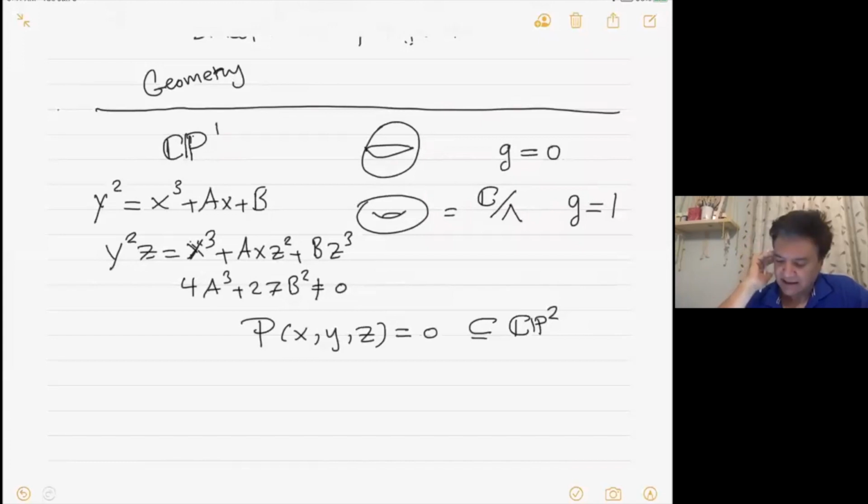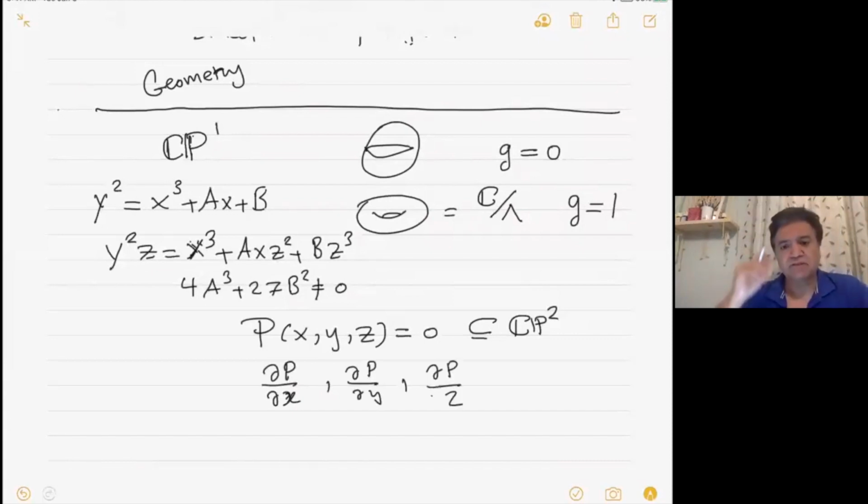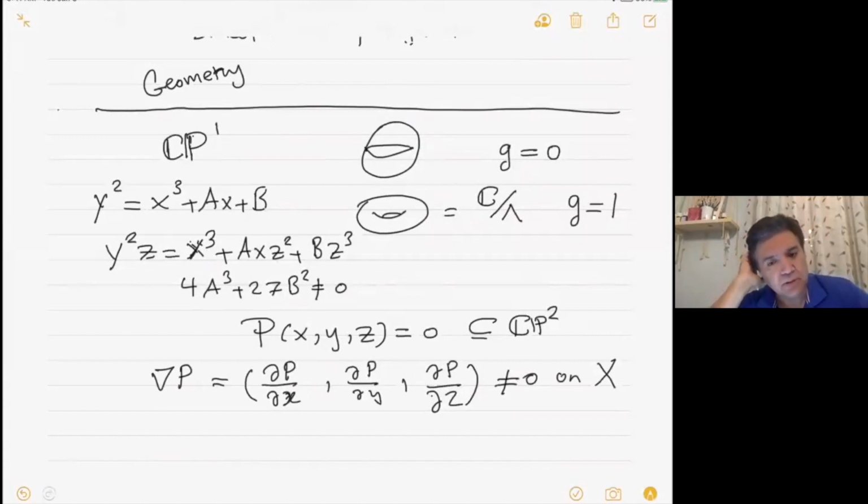And this is to be an equation of a projective and smooth curve, once you know that there's no point where all these partial derivatives vanish. If this, you might call it the gradient of p, is non-zero on X, then this curve is going to be smooth.